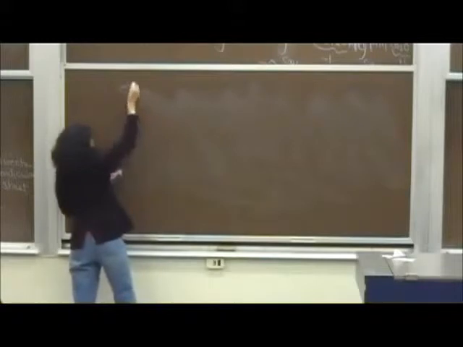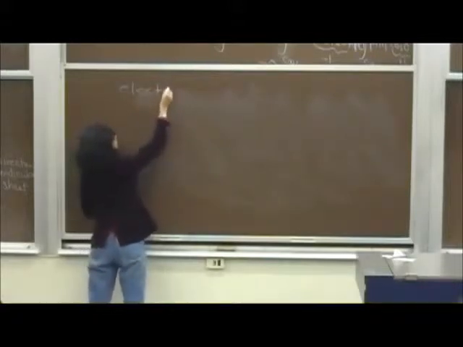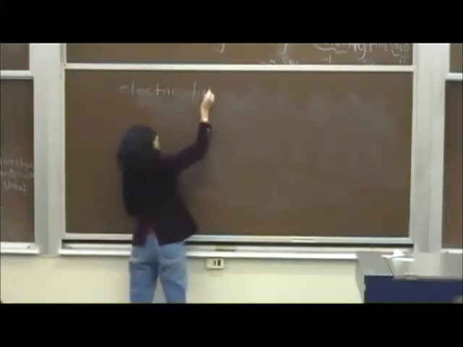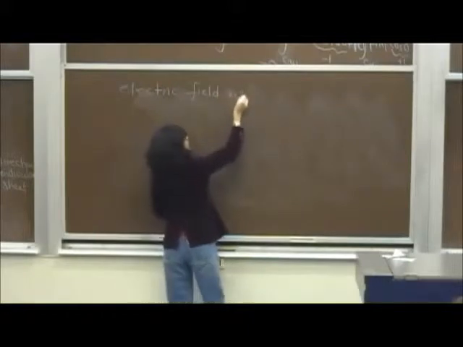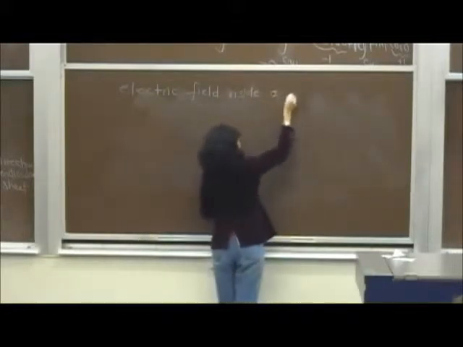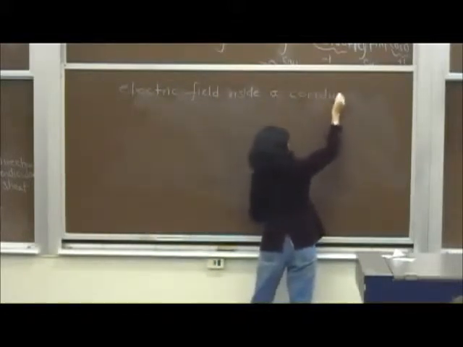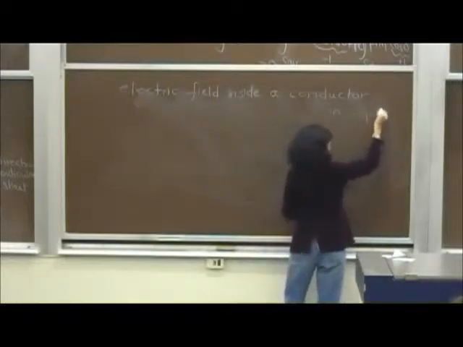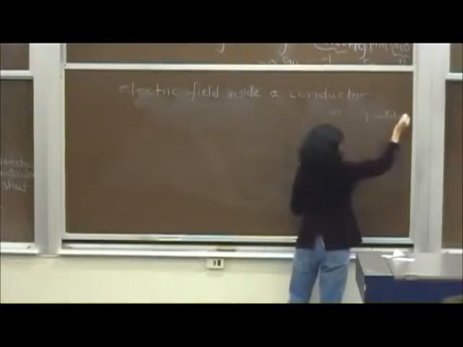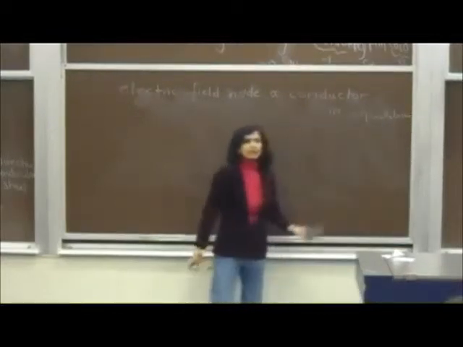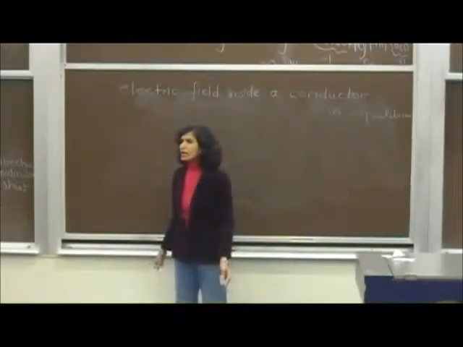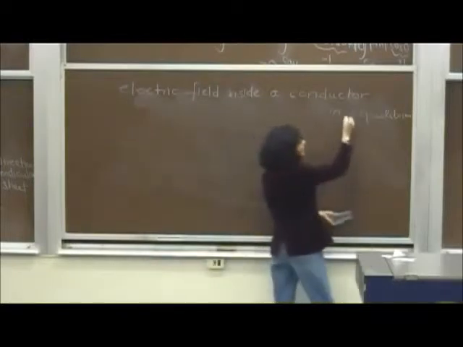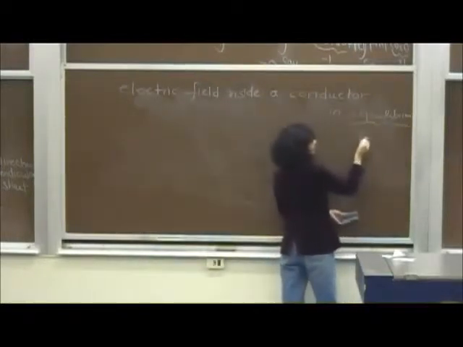Okay. So now we'll talk about the electric field inside a conductor in equilibrium. And you remember the meaning of the word equilibrium from physics 1? Equilibrium means that there is no net force.